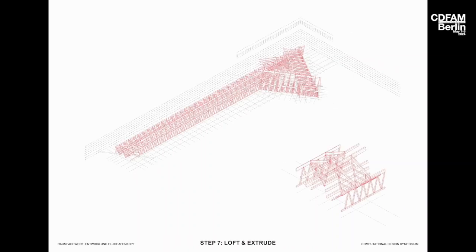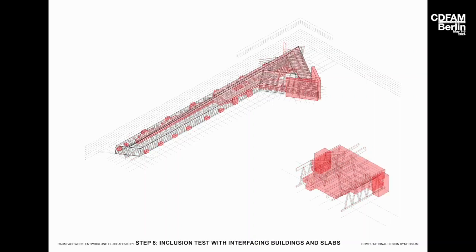And then finally, we can extrude the structural sections along their normal vector, or we can loft these members if there are a pair of these sections. As I mentioned previously, there's quite a lot of volumetric constraints in this project, such as interfacing elements and interfacing buildings.